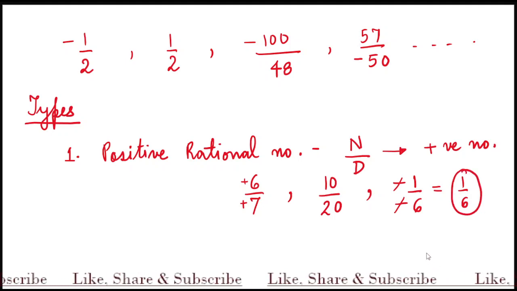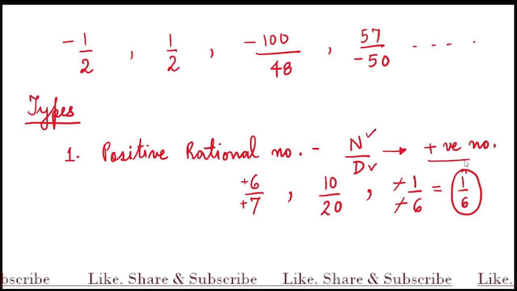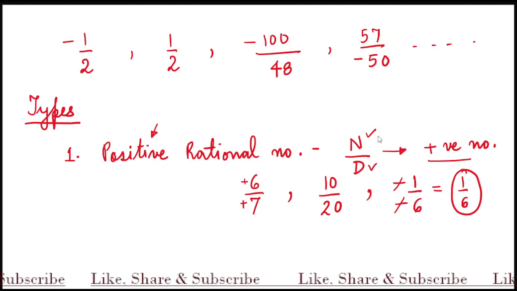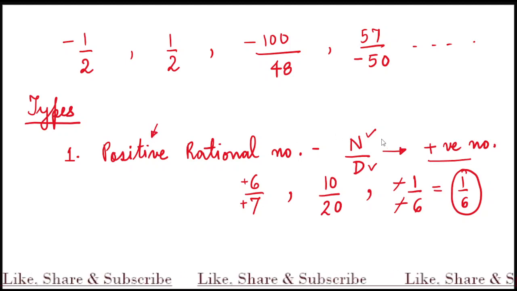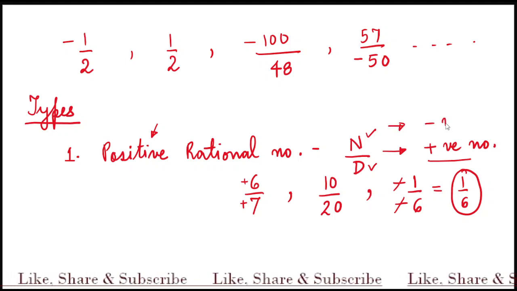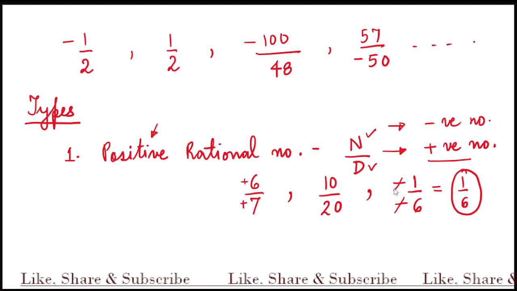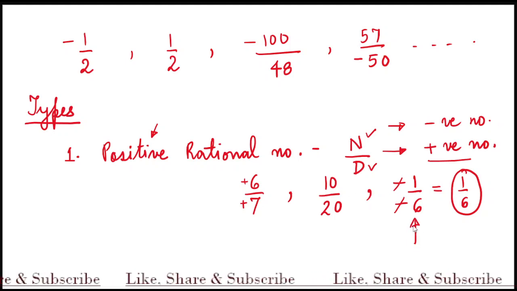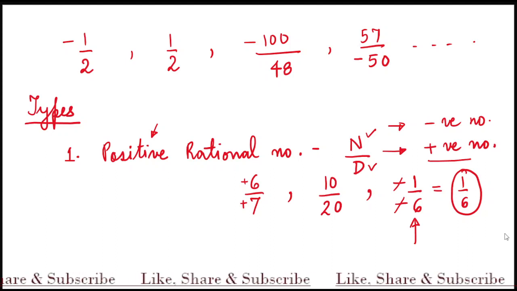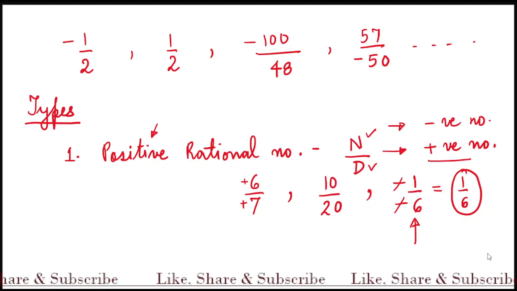Remember children, when both numerator and denominator are positive numbers, that rational number is a positive rational number. Also, when both numerator and denominator are negative numbers, such rational numbers are also positive rational numbers, correct?